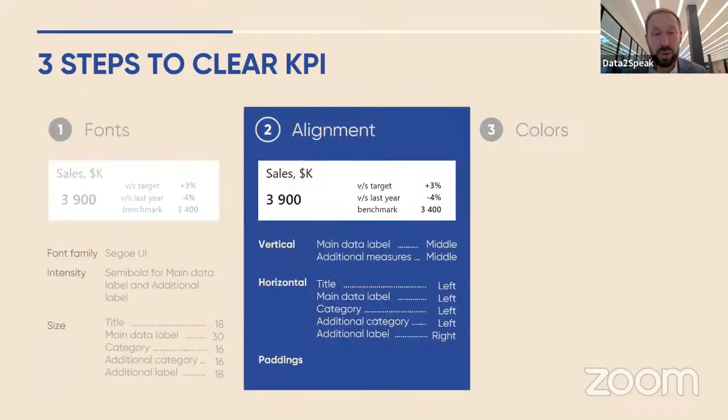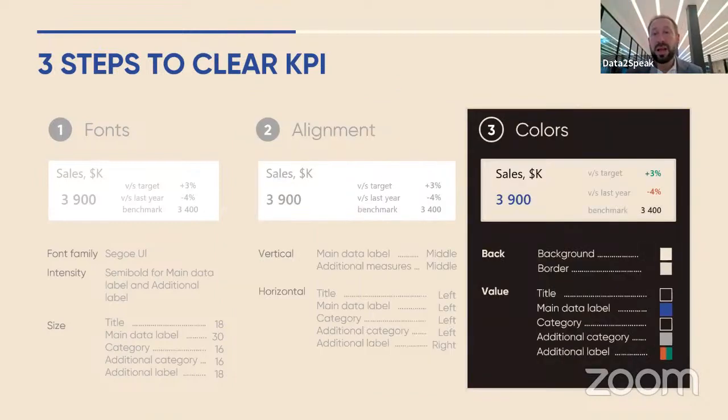The next point, we make this alignment. For example, you see the main measure and the title aligned left, and all the titles and values are aligned by the right or left side. And finally, colors.